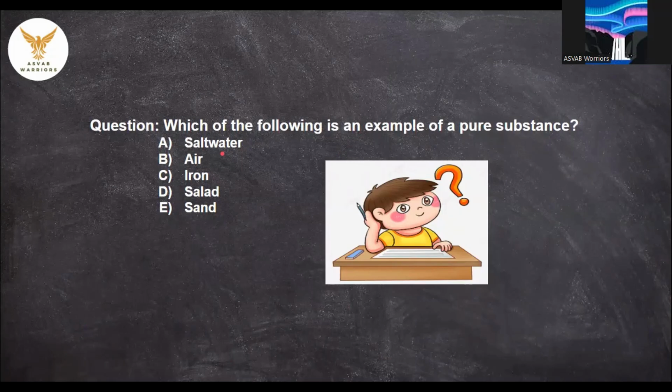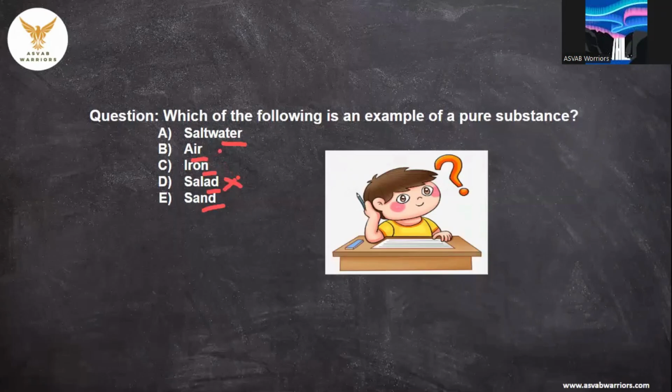So here salad, we had already seen that it is not a pure substance. So this is not our answer. Air, as you know, is a mixture of different gases. Again, it is not an example of a pure substance. Salt water also contains salt and water. Two components are there, so this is also eliminated. Then sand.